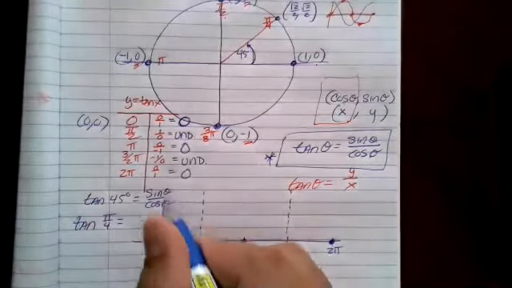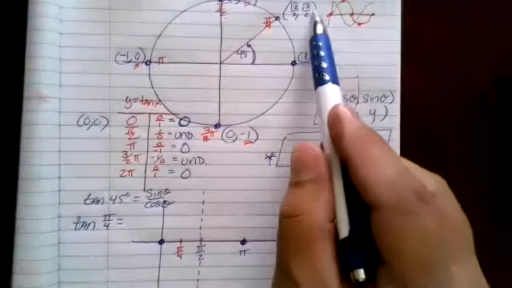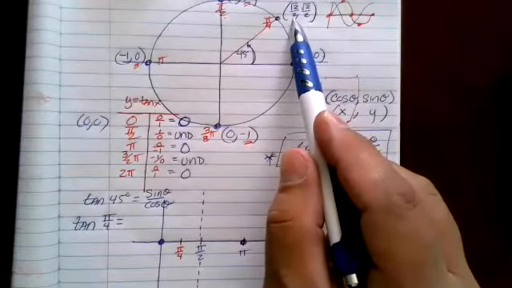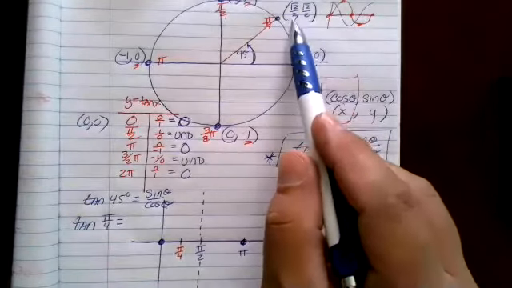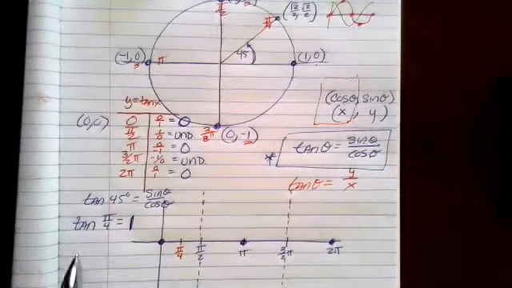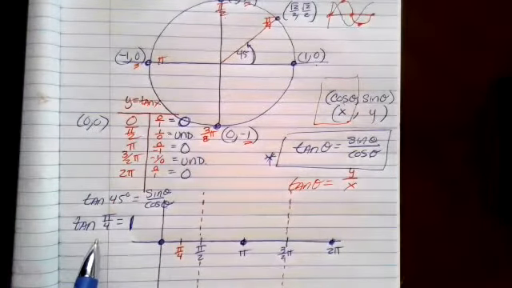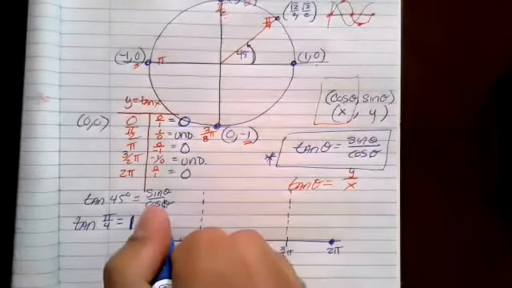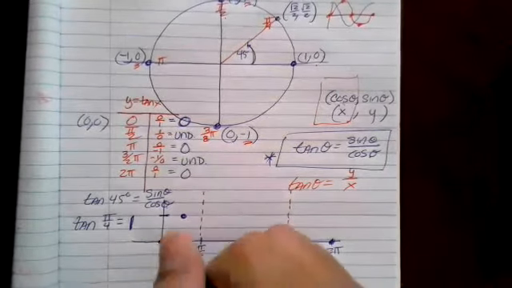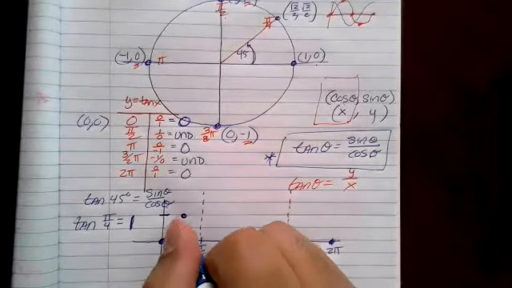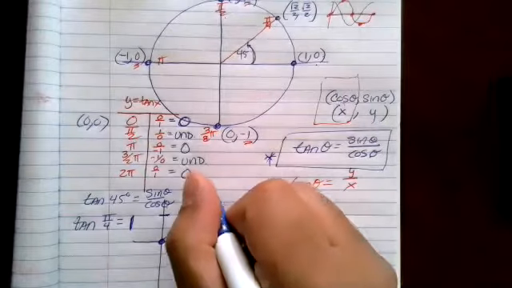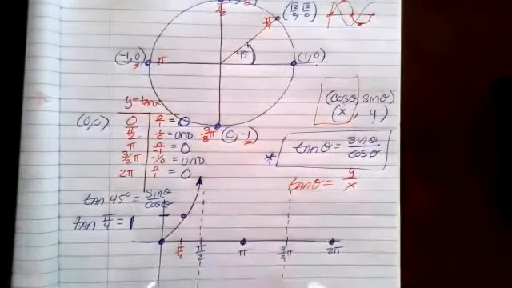My sine is root 2 over 2, and my cosine is root 2 over 2. So when I have a value divided by itself, that's equal to 1. So tan of 1/4 pi is equal to 1. So we have another point there. So it looks like this value is going to go up close to this asymptote, like that.